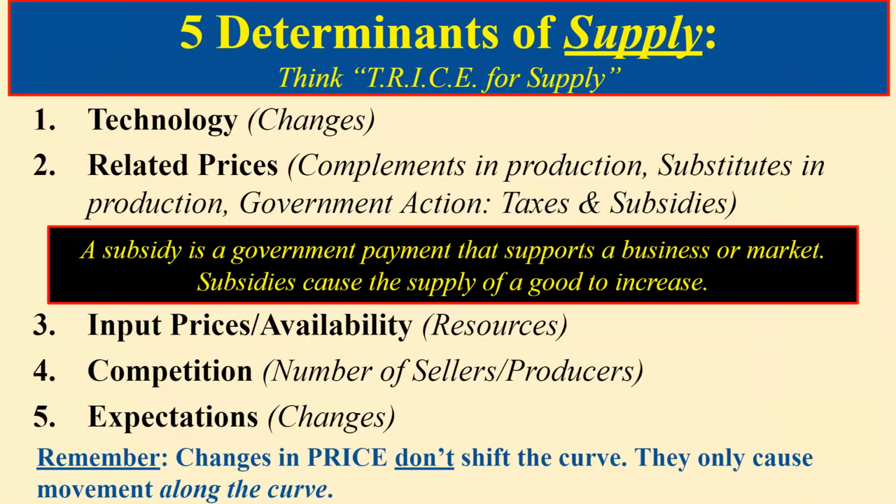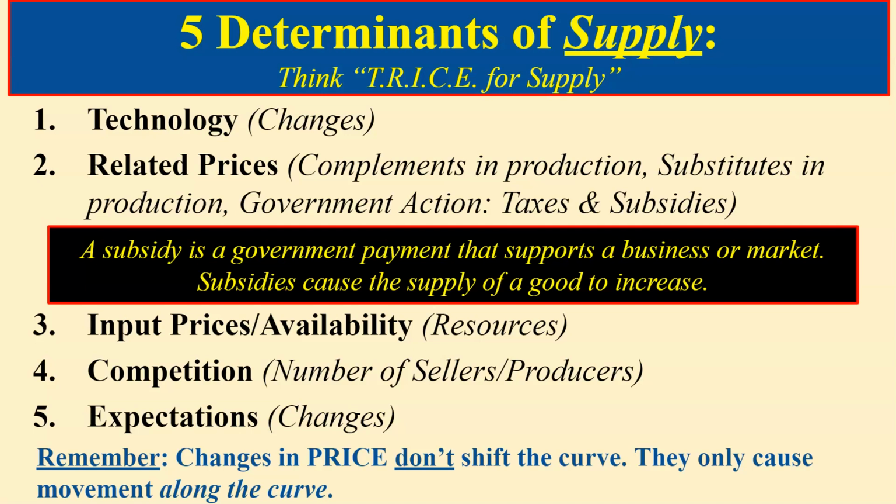Well, there are 5 determinants of supply. And I always tell students to think TRICE for supply. This includes technology. As technology changes, companies can do things faster, quicker, cheaper, more innovatively, more effectively, and they can produce more product at lower prices. So that's changes in technology that can shift the supply curve.